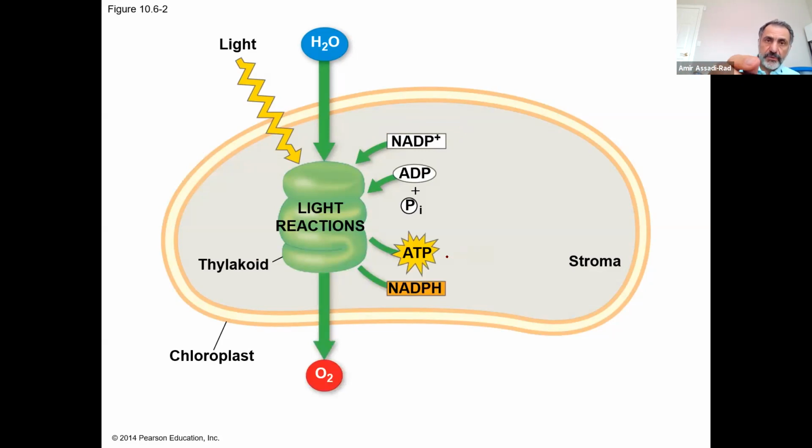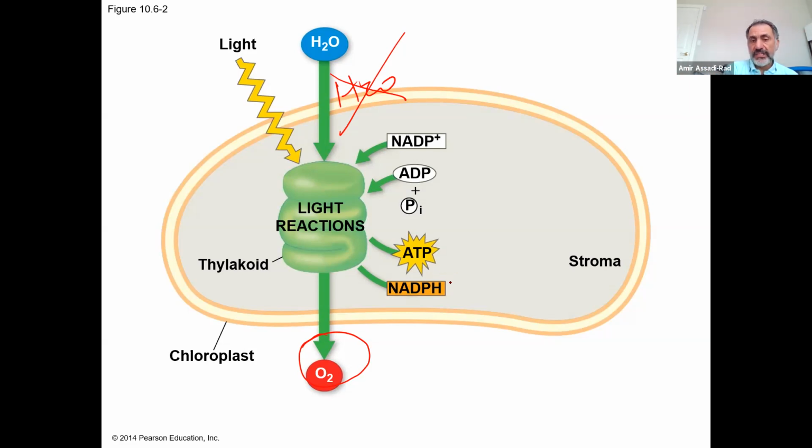And then, of course, when the water molecule is broken down, some of that oxygen goes into the atmosphere, released by the plants. As I said, ATP is made, NADPH is made too.